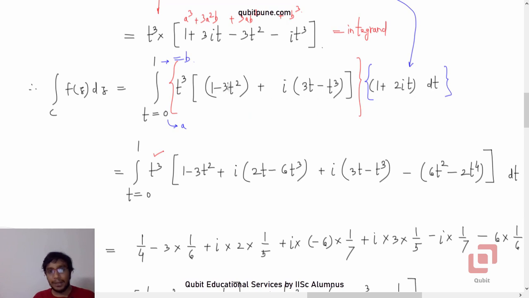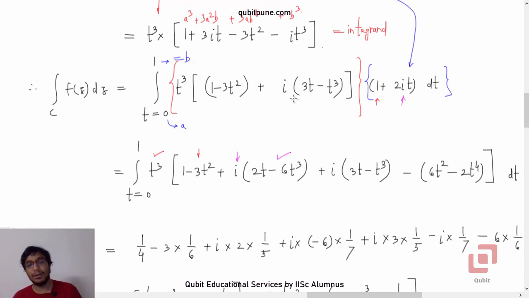Let us multiply 1 minus 3t squared by 1, you will get 1 minus 3t squared. Now multiply 1 minus 3t squared by 2it. Take i common, so it will be 2t minus 3t squared into 2t, so it is 6t cube.